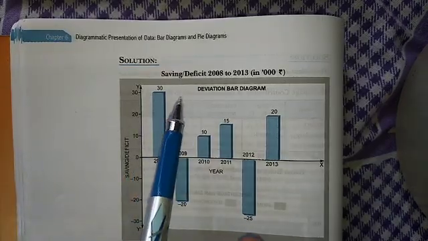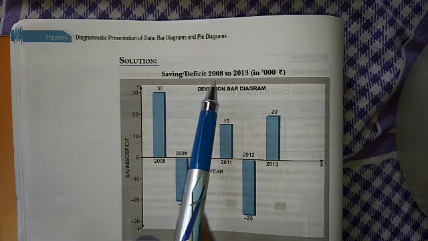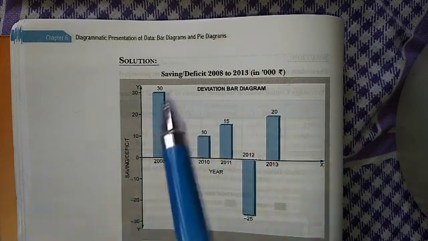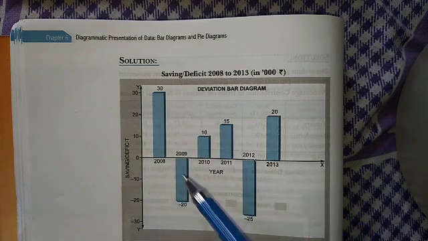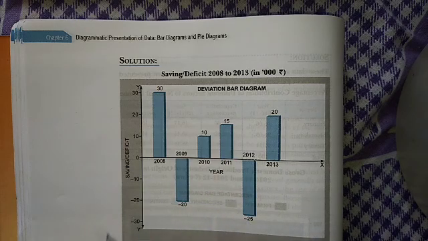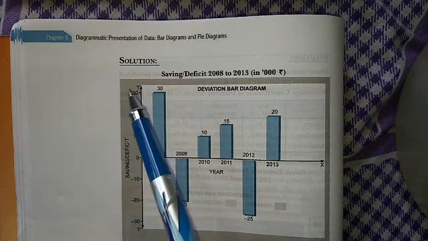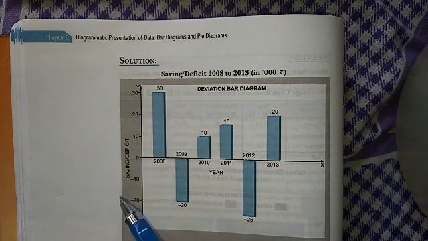Now you can see this is the deviation bar diagram, the saving deficit 2008 to 2013, right? Now this x-axis shows years 2008 to 2013, and this y-axis shows the saving deficit, right?